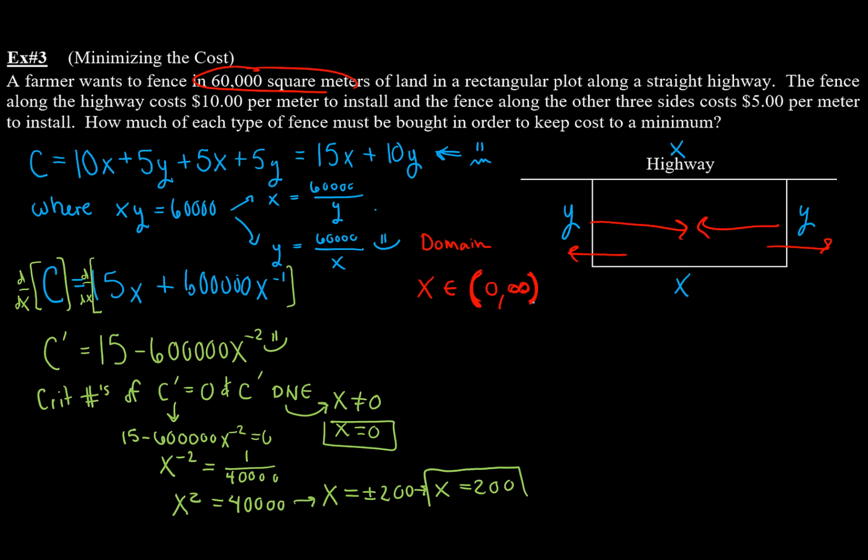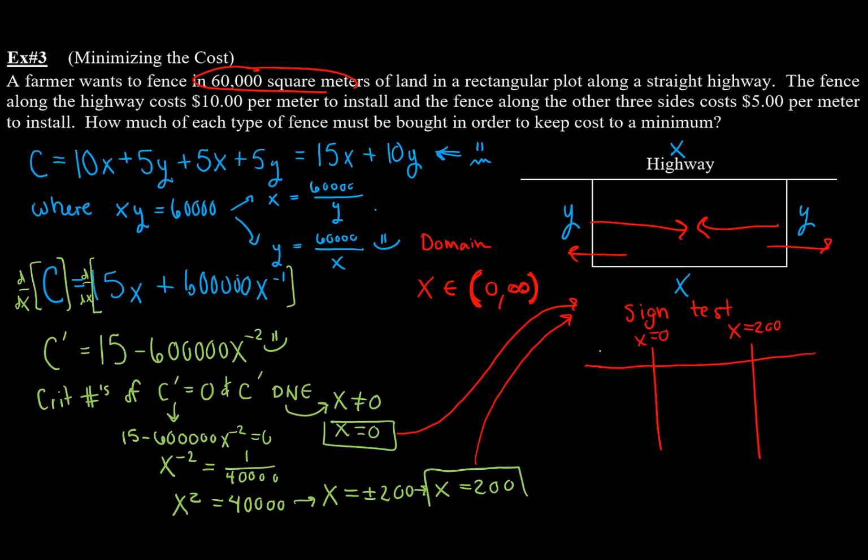So that means I have to do a sign test with my critical numbers. So although we already know that 0 is not going to work because it's outside of the domain, we're still going to write it in our sign test. Okay, so here's x equals 0. Here's x equals 200.